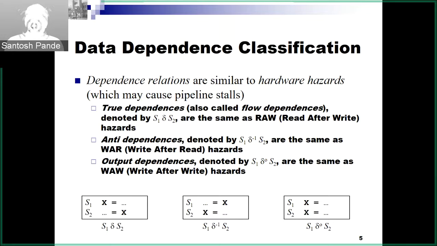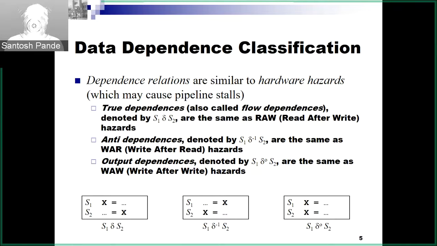Data flow dependence, I think, is the more accurate name for it, but it is also called a true dependence because it cannot be removed no matter what changes we make to the program. So a dependence which is carrying the flow of values in that direction, from a write followed by a read, is called a true or flow dependence.